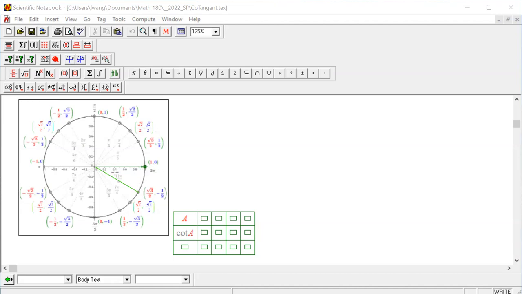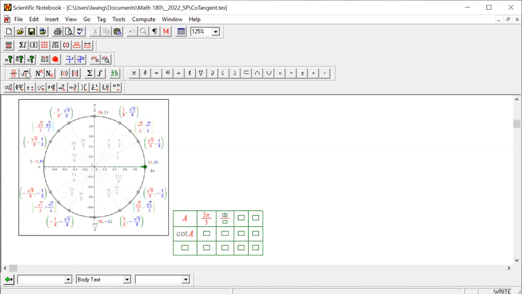And then finally 2 pi, going around 1 full cycle. So we get these 4 inputs: 5 pi over 3, 7 pi over 4, 11 pi over 6, and lastly, 2 pi.